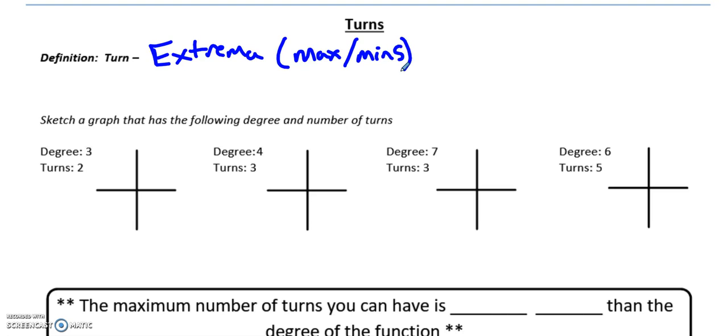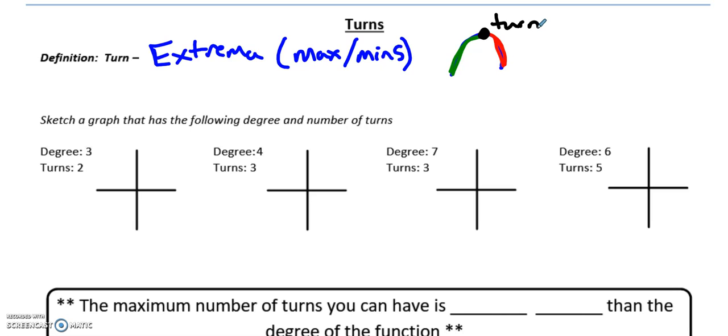A turn, if you think about it, is where the graph goes from increasing, which would be that portion there, to decreasing, right there. So I'm going to call that a turn, or vice versa from decreasing to increasing.